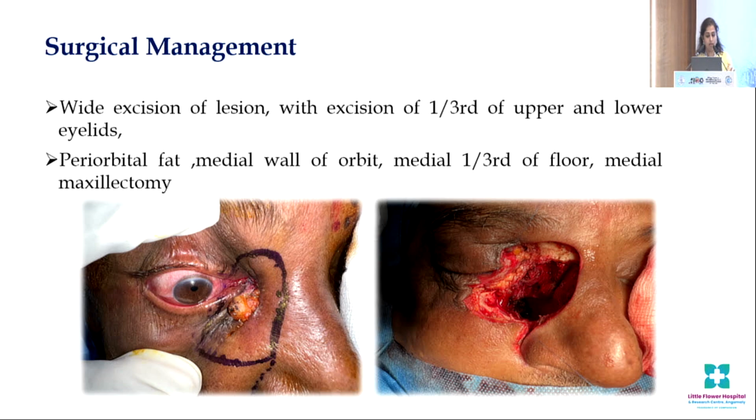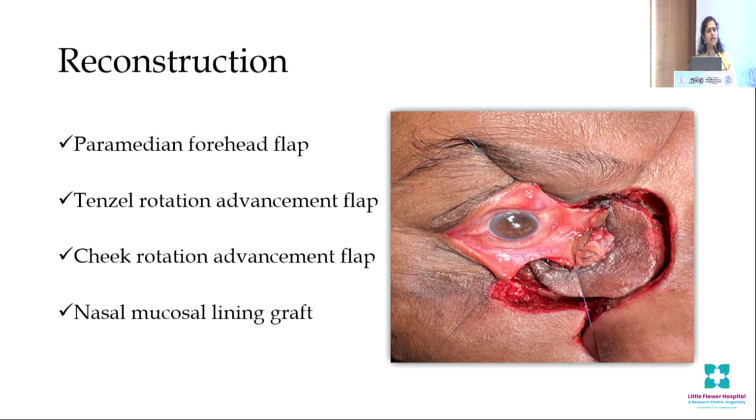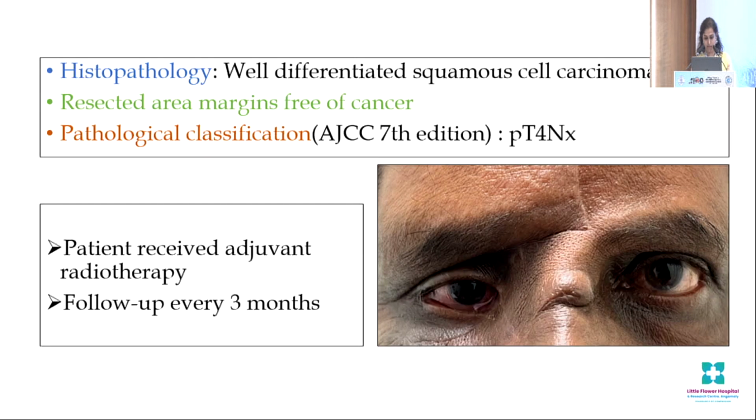However, within 1 month of referral itself, there was again a local recurrence at the site, and the surgical oncologist went ahead with wide excision of the lesion with excision of 1/3 of upper and lower eyelids, periorbital fat, medial wall of orbit, medial 1/3 of floor, and medial maxillectomy. Reconstruction was done using paramedian forehead flap, rotation flap, cheek rotation advancement flap, and nasal mucosal lining graft.